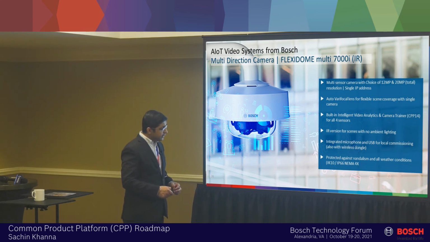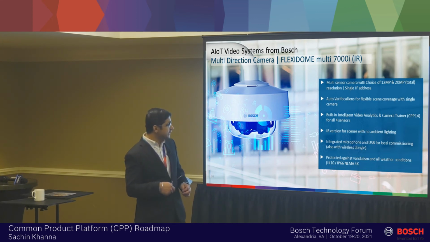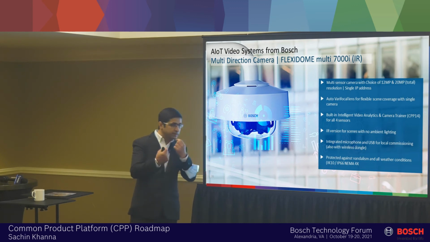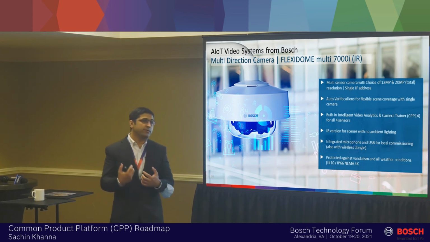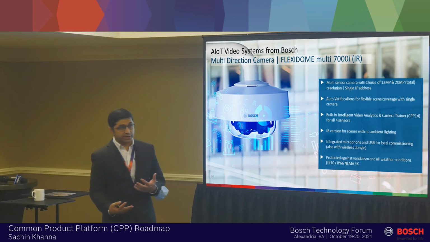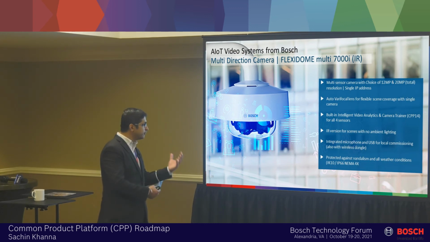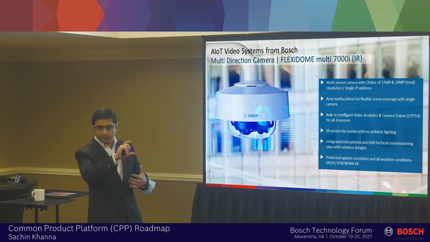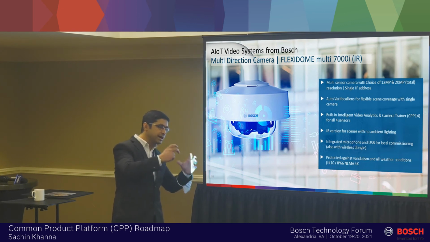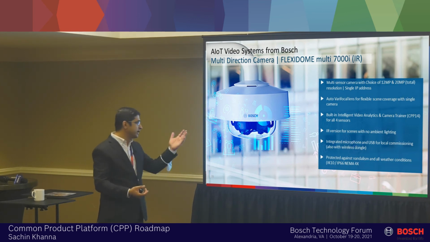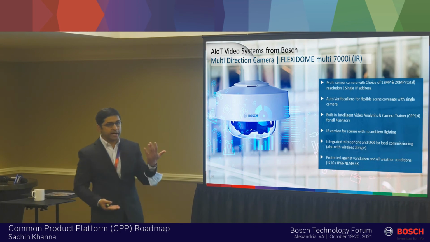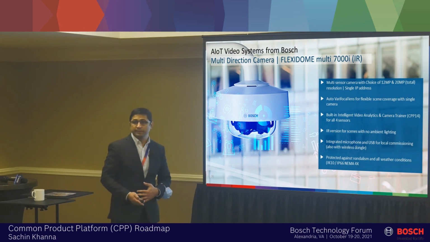Plus, you have a USB port on this where you can connect a Wi-Fi dongle for, let's say, wireless commissioning. So if you are standing on the camera on the pole and you want to figure out where you want to position the camera, what is the field of view, you can connect the wireless dongle, and using your handheld device, then you can configure it.